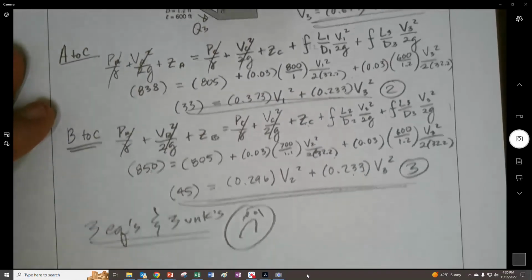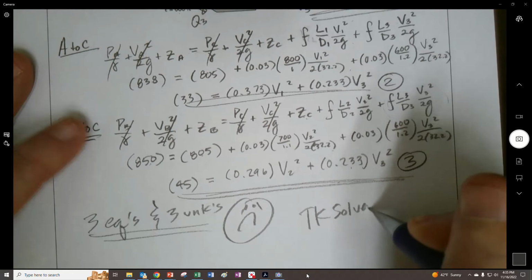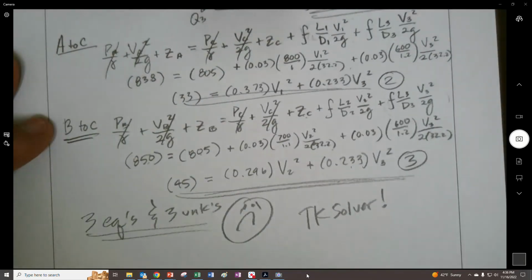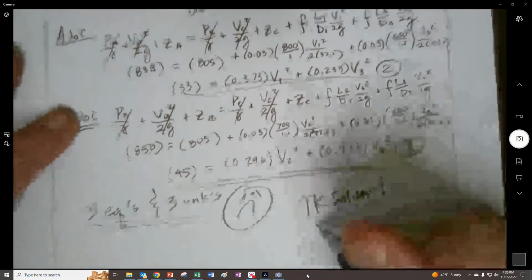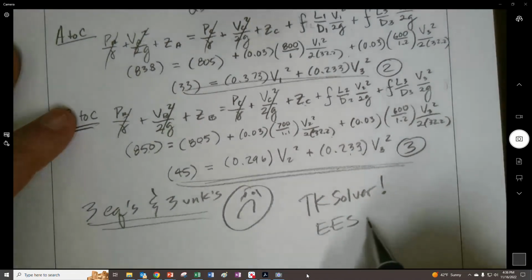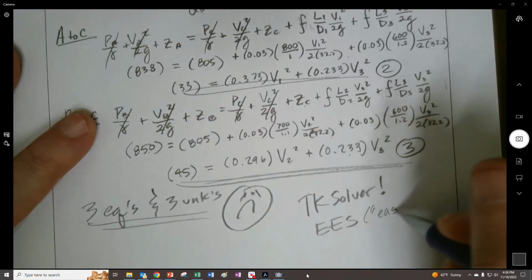Well, there was this program I used in college called TK Solver. It still exists, and it could do this numerically. It was a pretty slick program. I liked it a lot. You could also use Engineering Equation Solver, called EES. It's pronounced EASE.